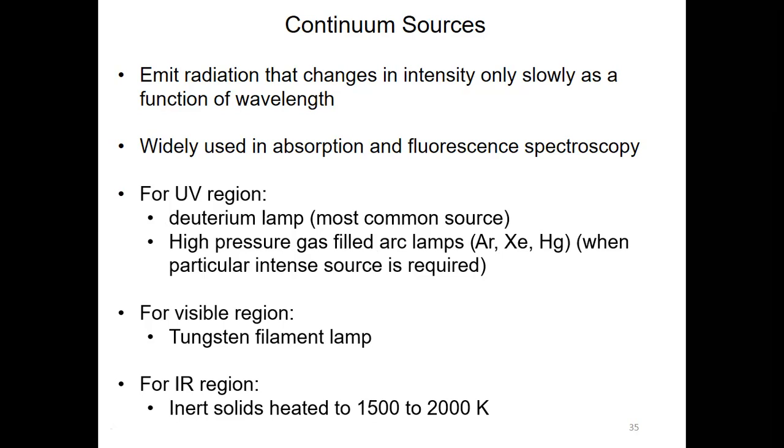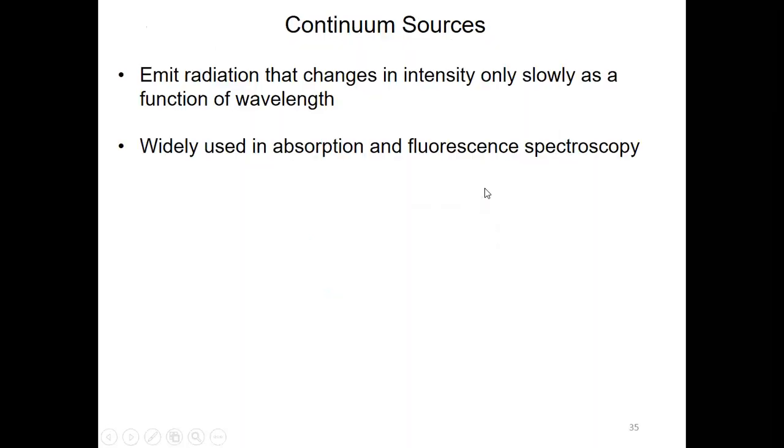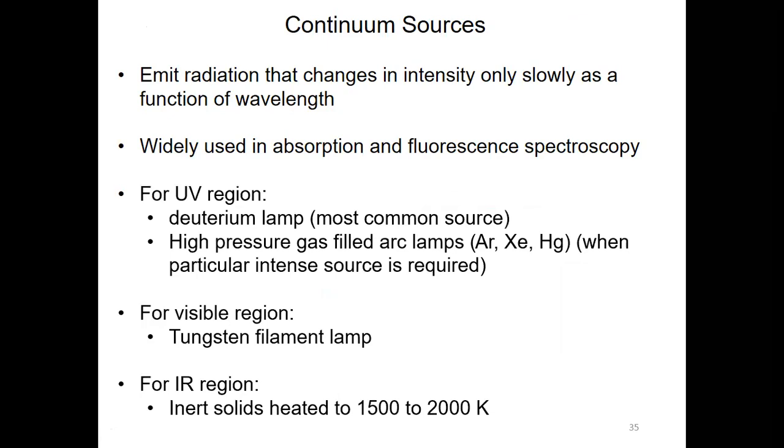In the visible range, the tungsten filament lamp is one of the most widely used. And for the IR, an inert solid heated to this temperature. So for the IR, nichrome wire, globar, silicon carbide, all these things can be used as the continuum source.